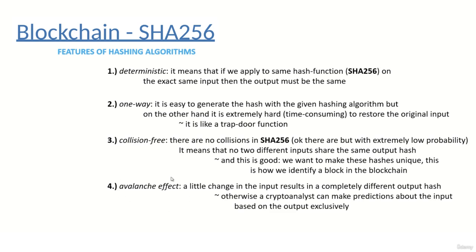Then we have the last feature, which is called the avalanche effect, which means that a little change in the input results in a completely different output hash. Otherwise, a crypto analyst can make predictions about the input based on the output exclusively.